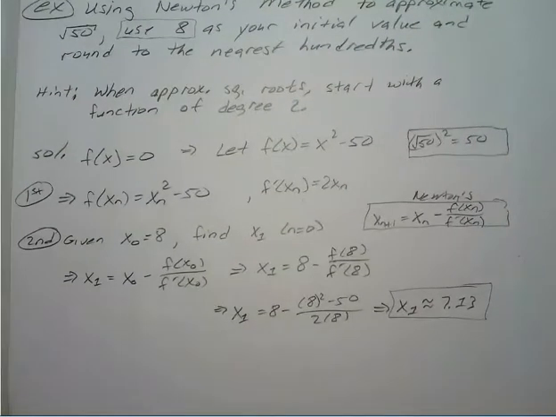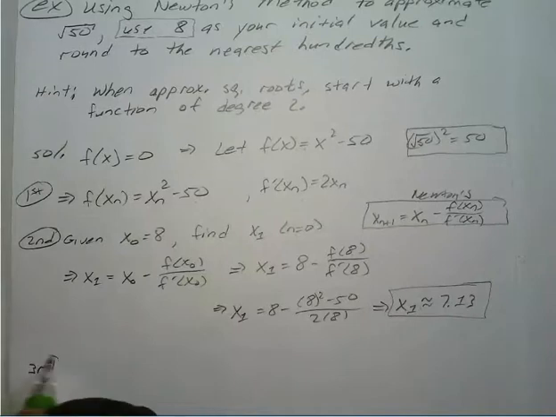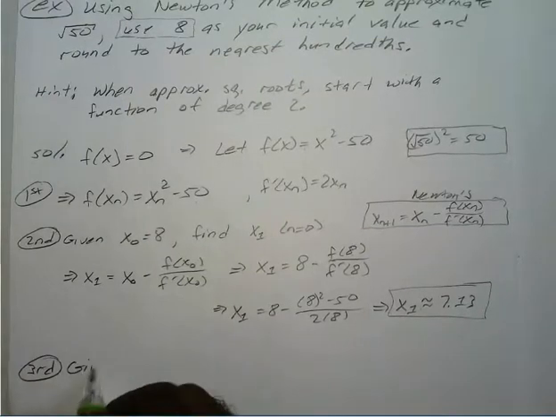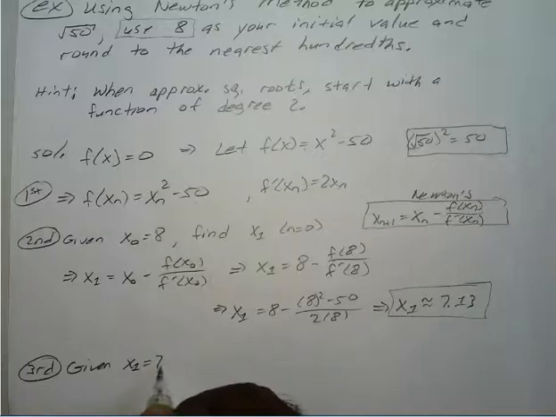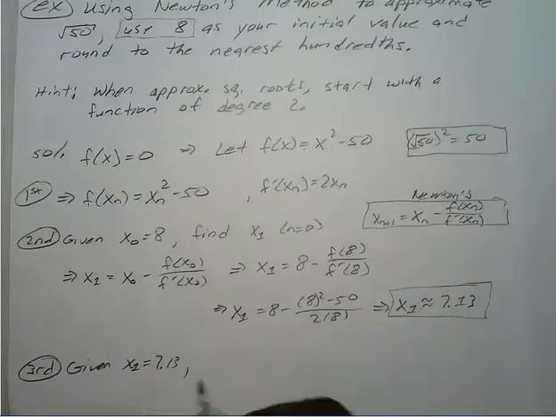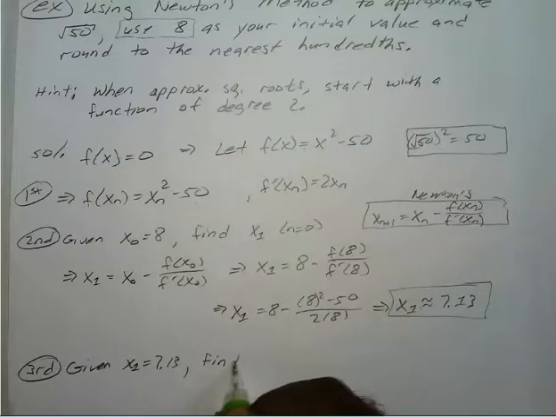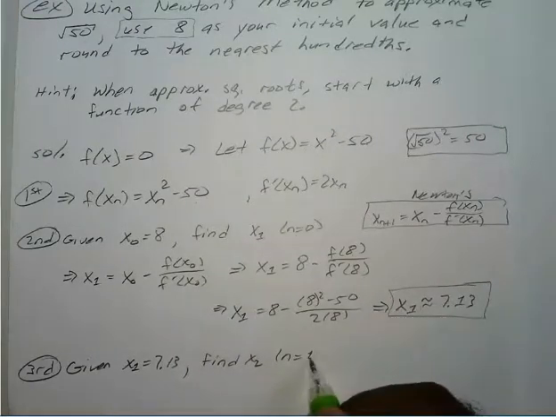Okay, so now we go to our third step and find our x of 2. Okay, so given that x of 1 is equal to 7.13, find x of 2. And remember, that's when n is equal to 1.